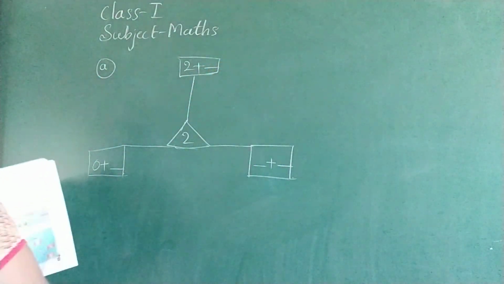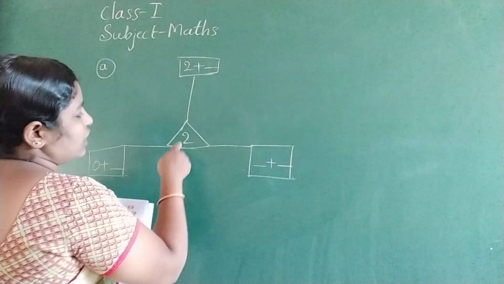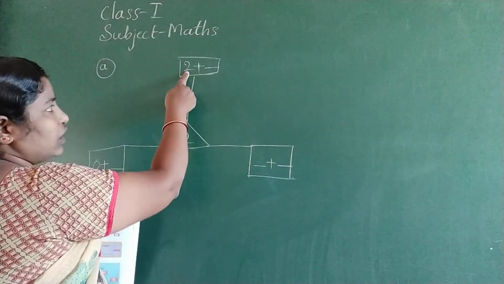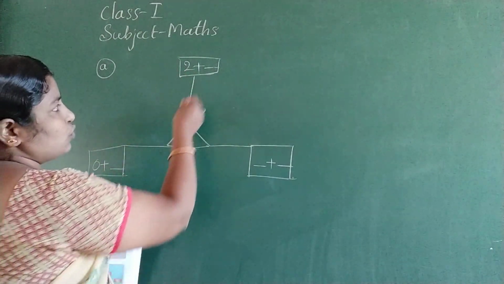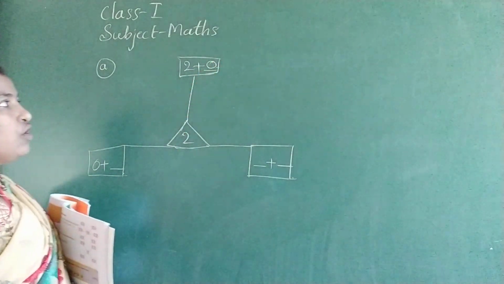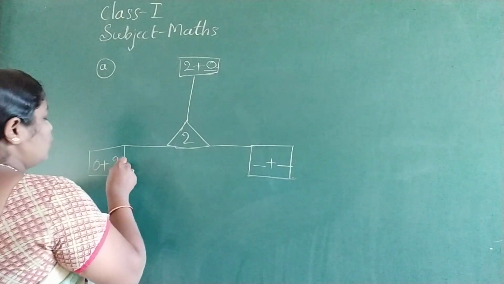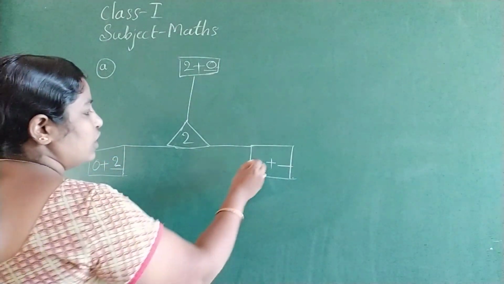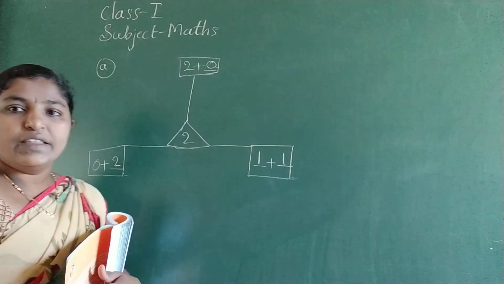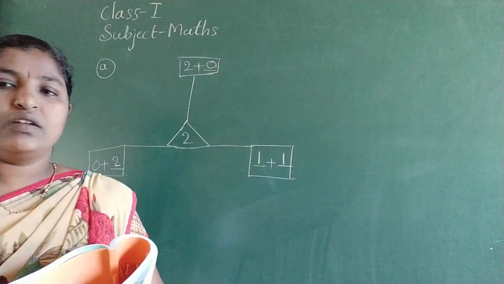So 2, how can it be written? 2 plus something is equal to 2. So, if I add something to 2, the answer should be 2. So, that is 0. 2 plus 0 is 2. Next, 0 plus 2 is also 2. Next, 1 plus 1 is also 2. So, write these answers in your textbook. Got it?